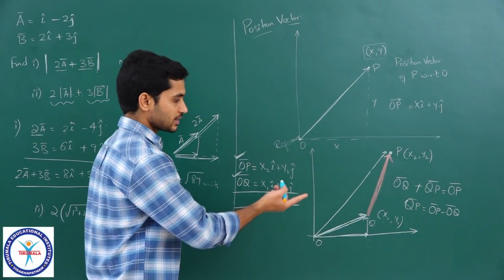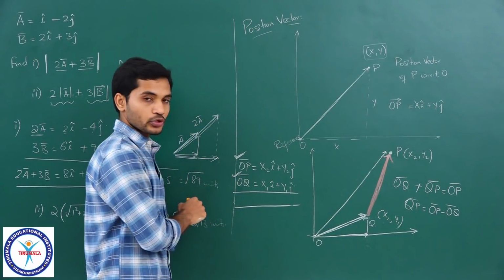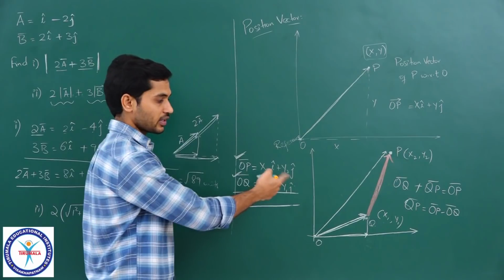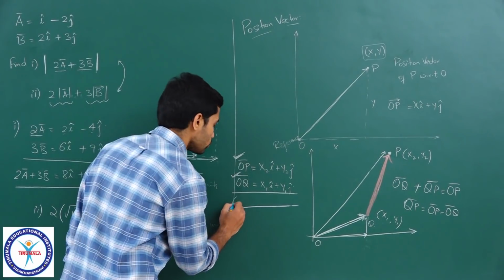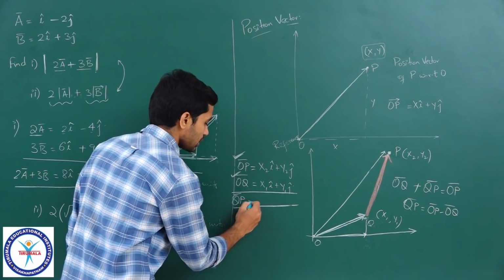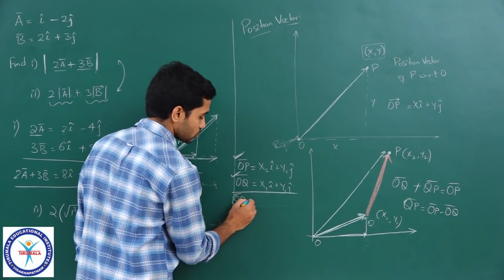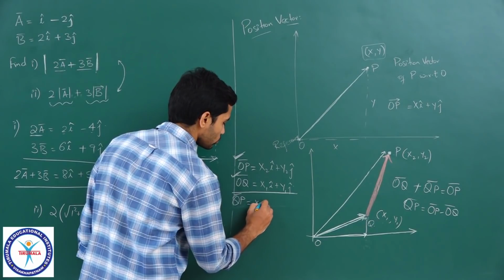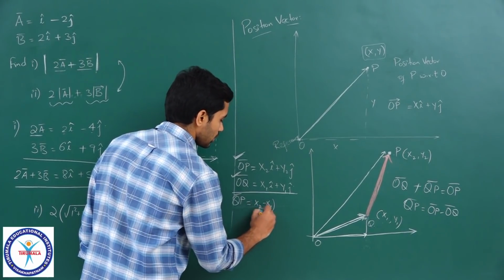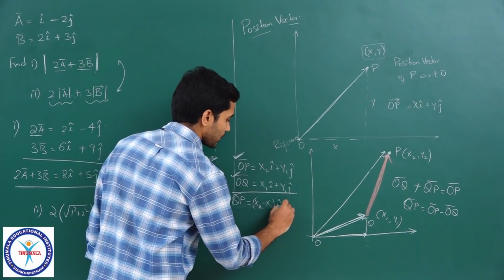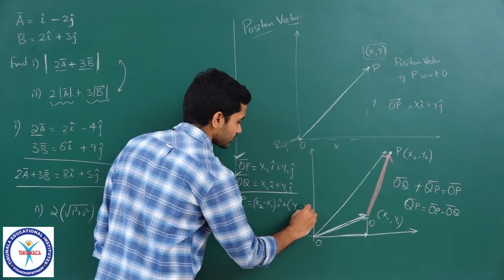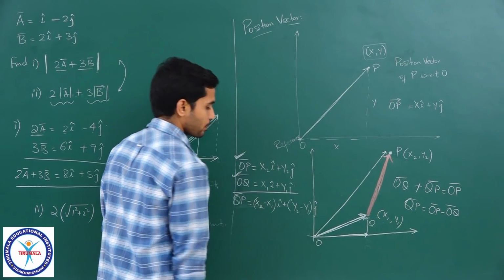Done. So that's it. So I have OP bar, I have OQ bar, I'll just subtract them, I'll find QP bar which we need. So QP bar is equal to the difference of these two, and we know how to find the difference of these two. So that is nothing but (x2 minus x1) i cap plus (y2 minus y1) j cap. That's it.